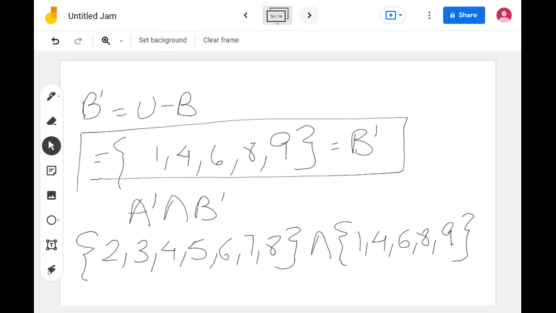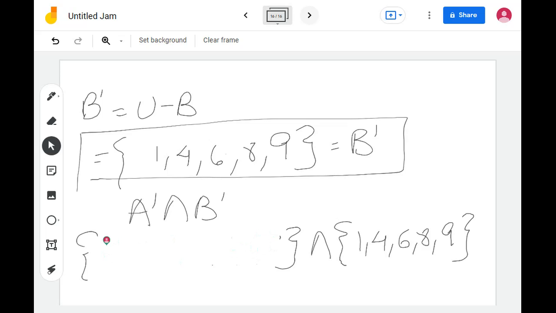Sorry, I wrote our A complement wrong here. Our A complement is 1, 3, 5, 7 and 9.